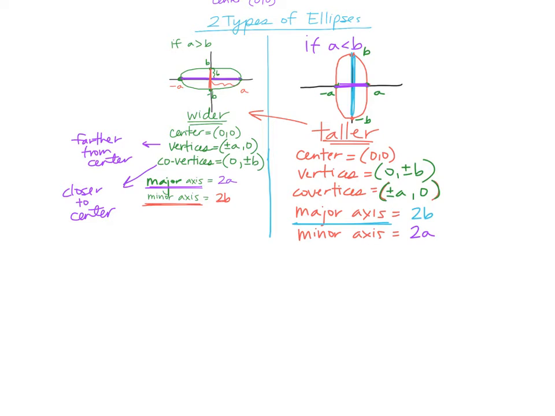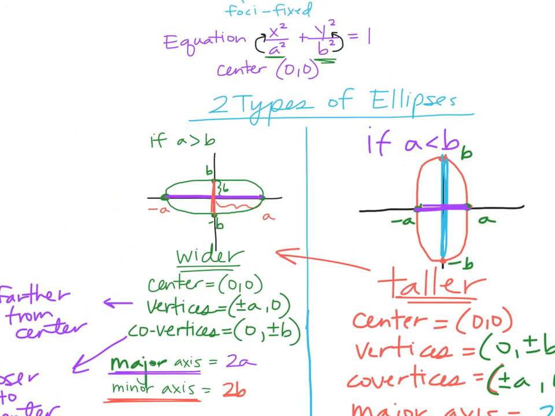The foci. Foci is always going to fall on the major axis. So if you look at our pictures up here, these are not accurate perspectives, but it would be like a point here and a point here, or a point here and a point here. We don't know exactly where they are, but that is where your foci would be.